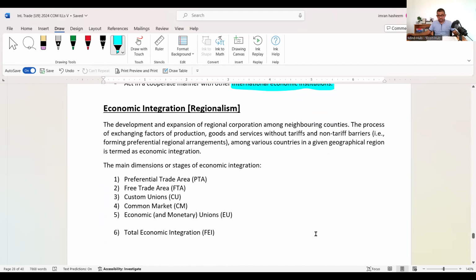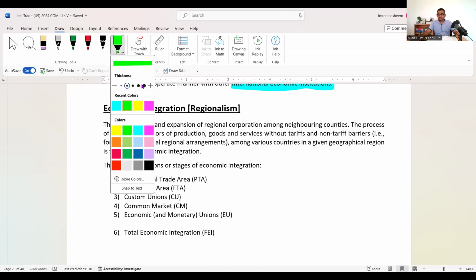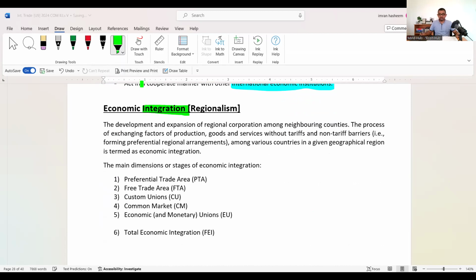Economic integration, regionalism is another word we use. Integration is the more common phrase that we use, right? Economic integration. So I've given a small intro into what economic integration is.